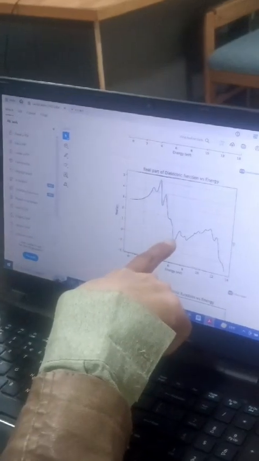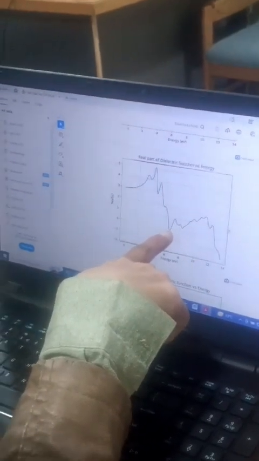Okay? Below the zero level, the maximum energy is absorbed by the material, it means the maximum number of electrons are increased. When the maximum number of electrons are increased in your material, it behaves like a metallic nature, because of the excess number of electrons.